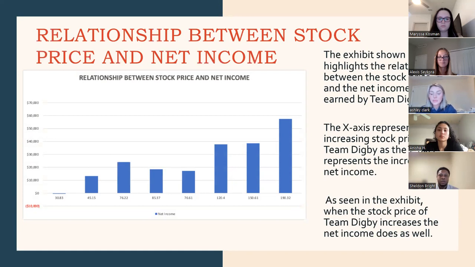We started with a lower net income in round 1, but we ended in round 8 with 54,000 as our high in the net income. And as mentioned before, we ended in round 8 with the stock price of $190.32.